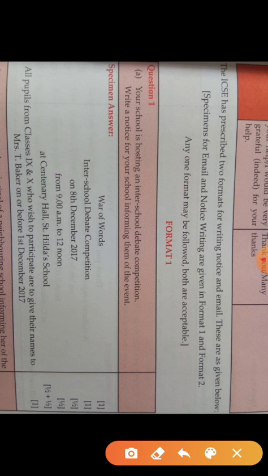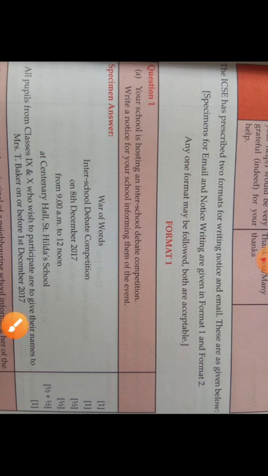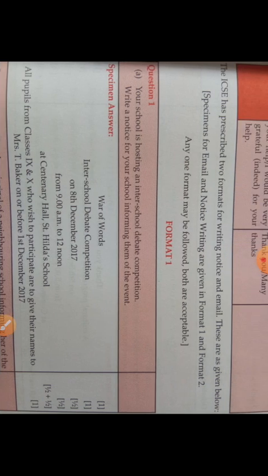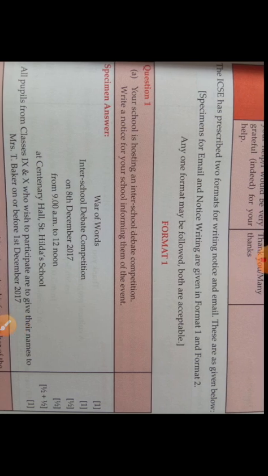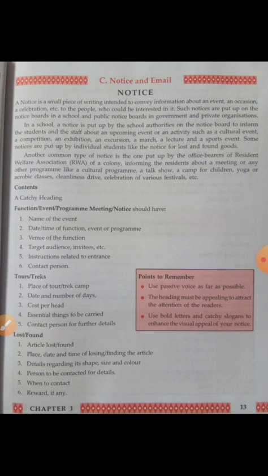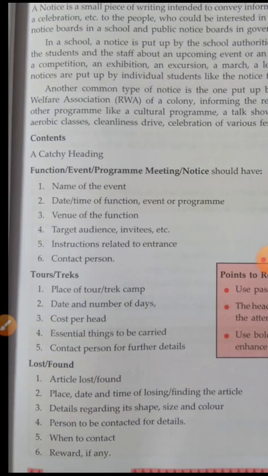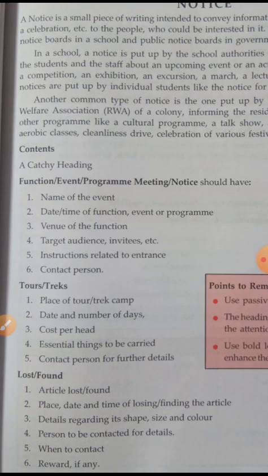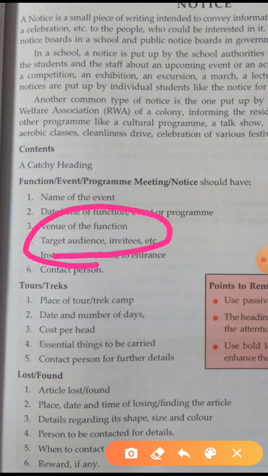Then after this it is given that all pupils from classes 9th and 10th who wish to participate are to give their names to Mrs. T. Baker on or before 1st December 2017. You can see it is given on page number 13, point number 5. Point number 4 is target audience and invitees.